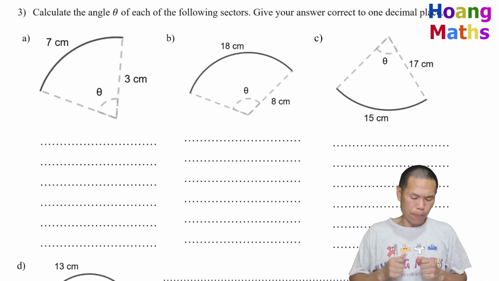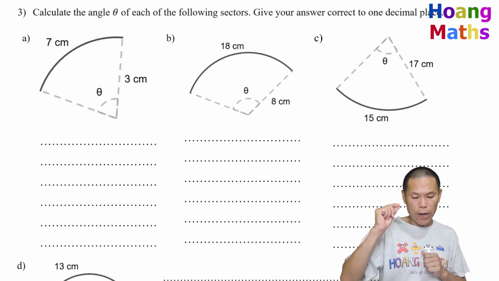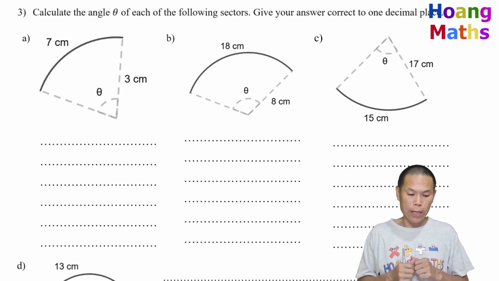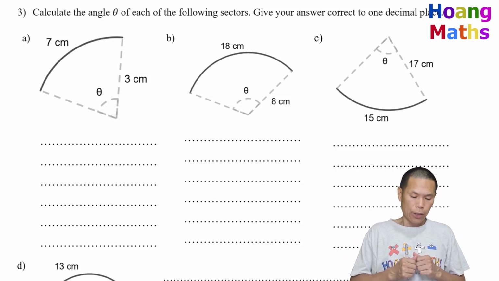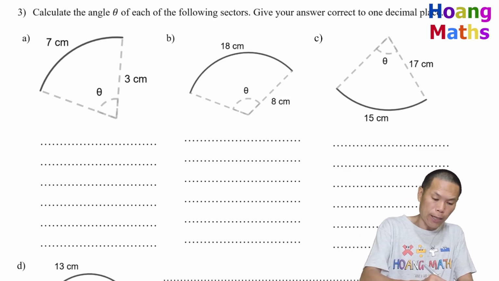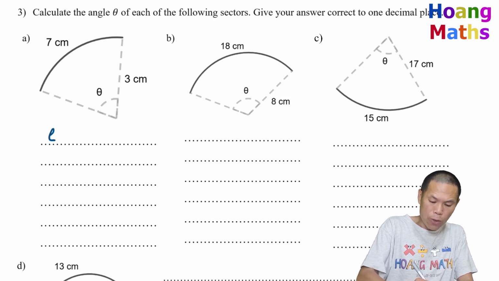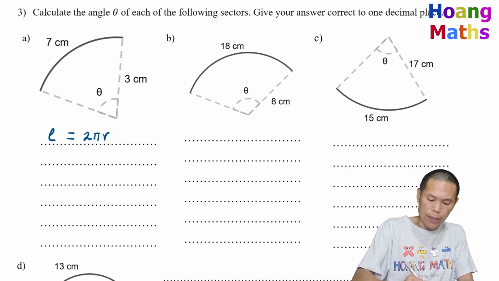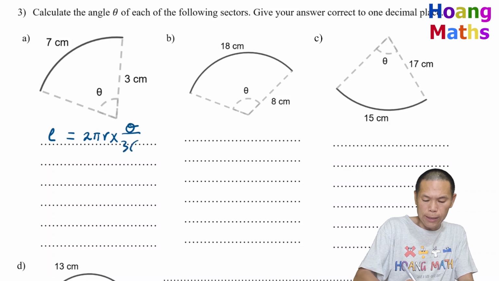Question number 3. So given the radius and the arc length, we need to work out the angle theta, correct to 1 decimal place. So first of all, we know that the arc length, L, is 2 pi r, and we just need to work out one fraction of it. So the fraction is theta out of 360 degrees.